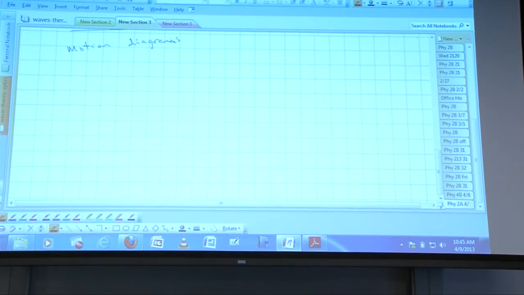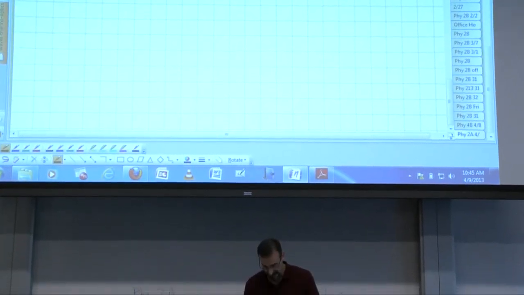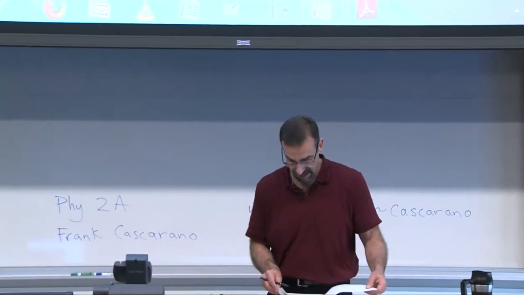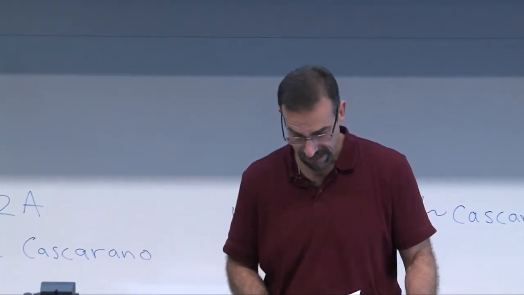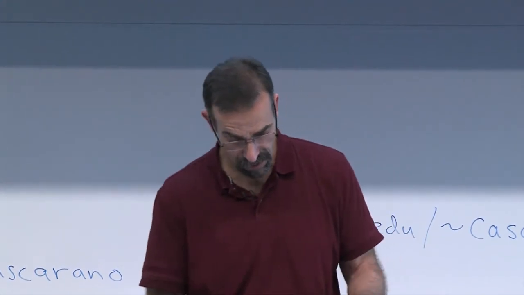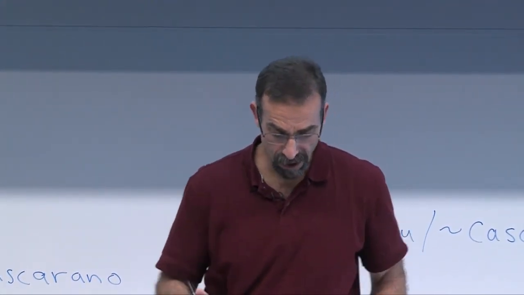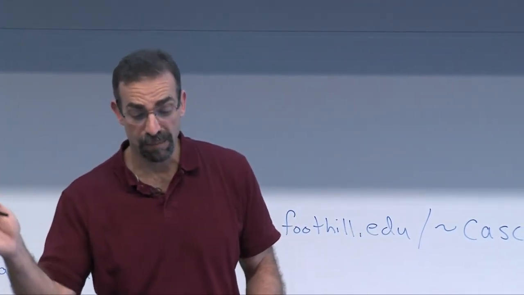So we can see where the object is at certain points in time. And the key to the motion diagram is that these dots that we're going to use to represent the position are always equal time intervals apart.